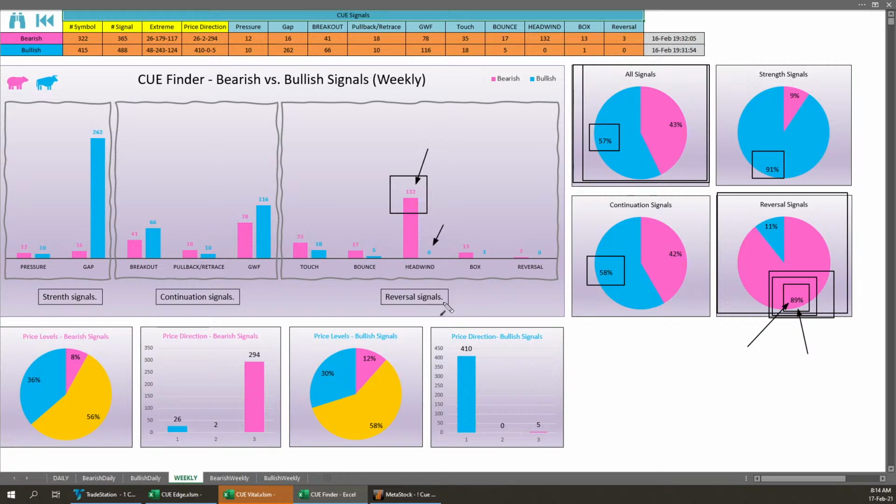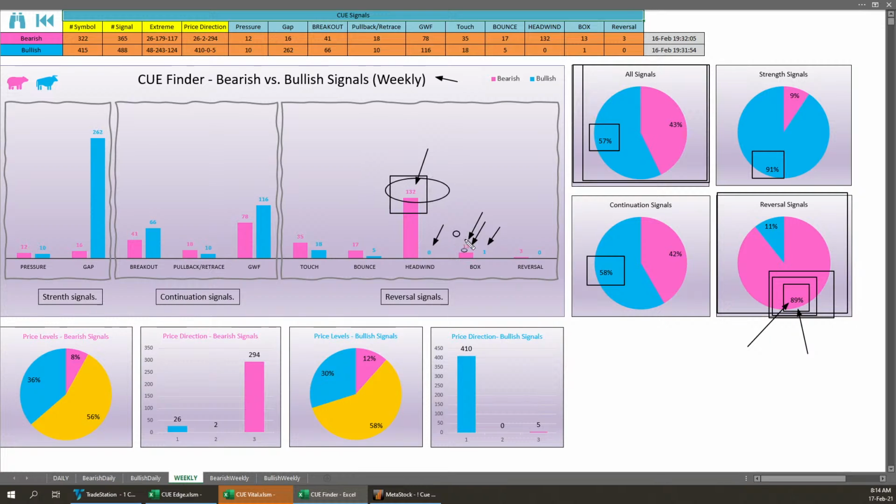Bullish headwind 0. Also box signals that indicate double top or double bottom, in this case weekly period, 13 box signals, possible reversal setup, bearish side, only one bullish side.